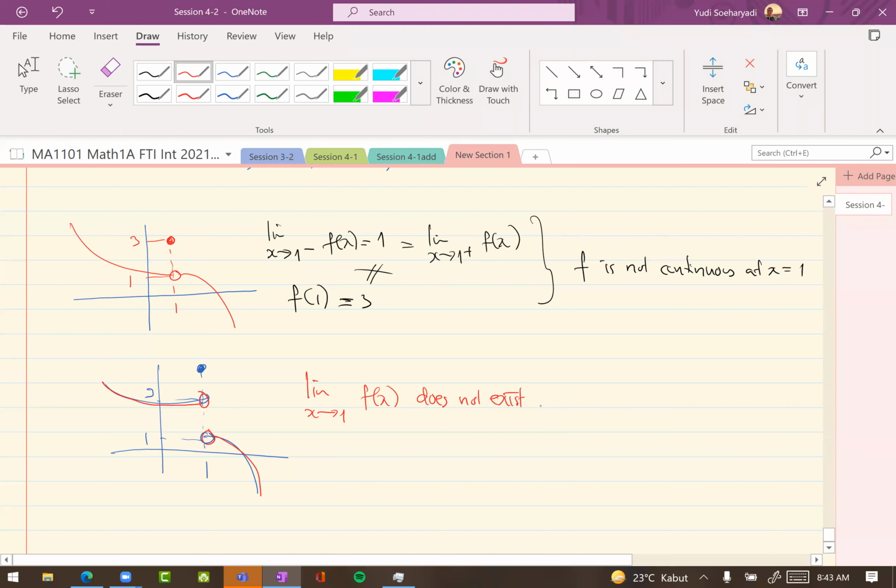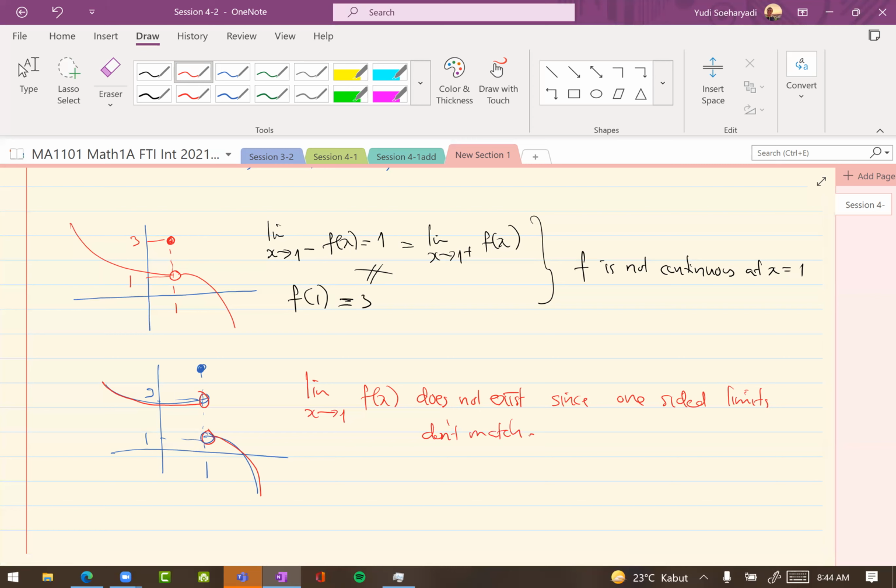Why? Because the one-sided limits don't match. So that's the limit.